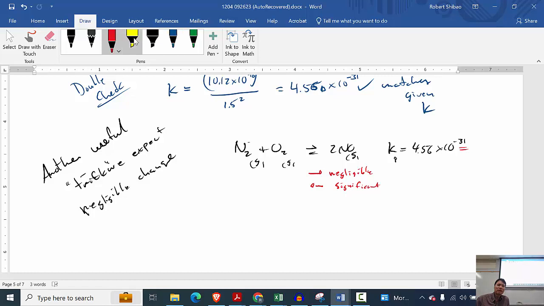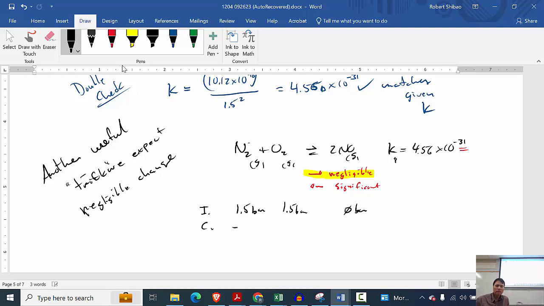So if we're expecting negligible change, that is, if we're going in the forward direction, the change should be small. And so with our reset initial conditions, we're going in the forward direction. We had 1.5 bar and 1.5 bar. And then over at the NO, we had 0 bar.